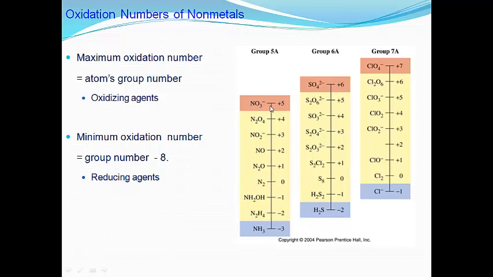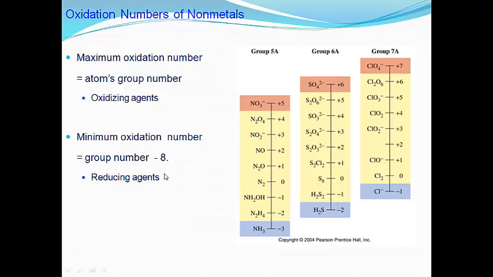The +5 is the maximum oxidation number that is likely. It means that we cannot go to +6. So nitrate cannot be oxidized to any other species where N is +6. And so that tells us that the other possibility for nitrate is to become reduced, and it being reduced means that it's an oxidizing agent.